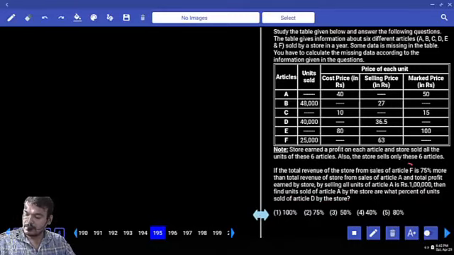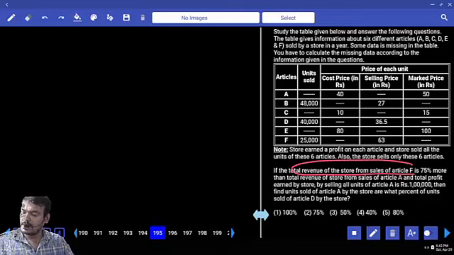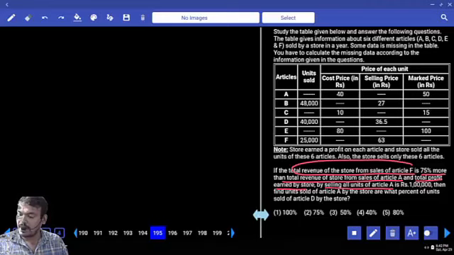Same. First of all, total revenue from article F is 75% more than which one? Total revenue of the store from the sales of article A. And total profit earned by the store by selling all the units of article A is 1 lakh.